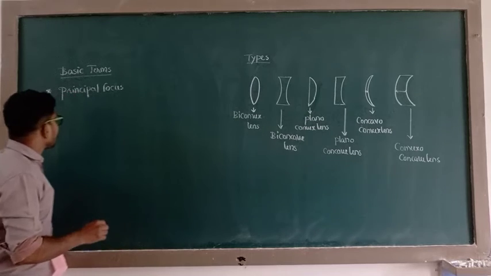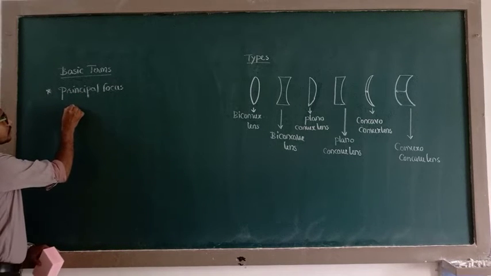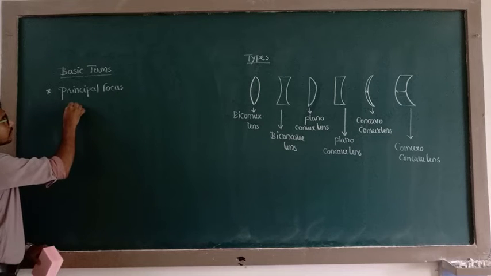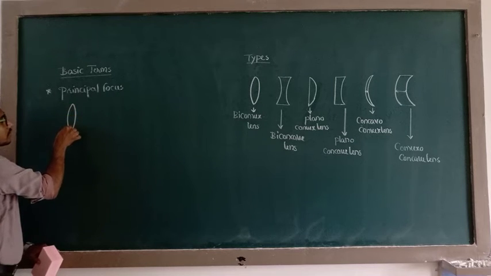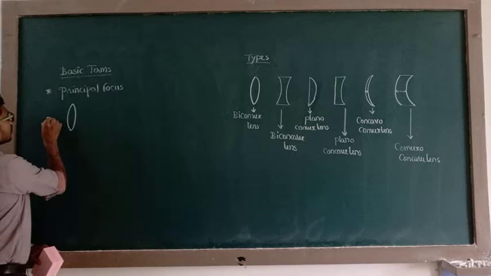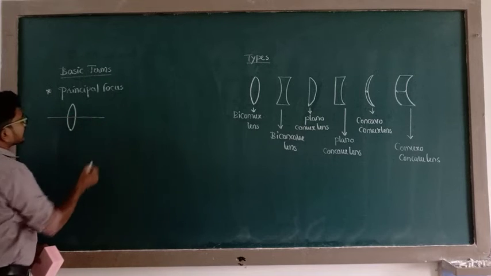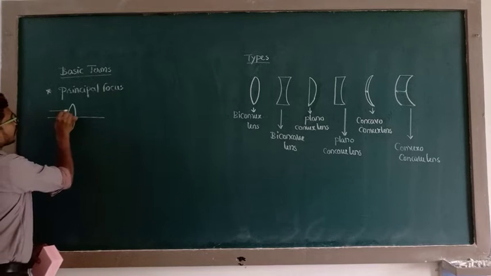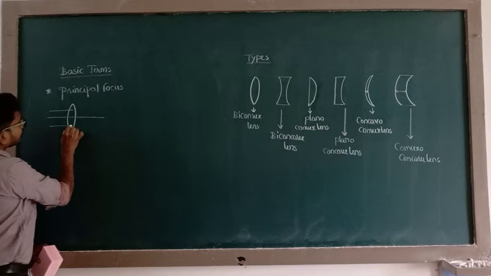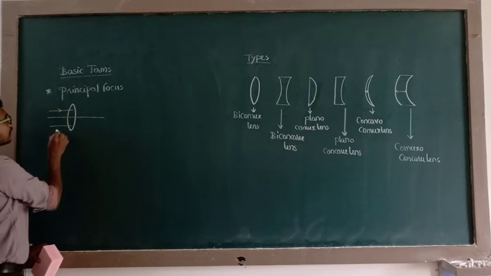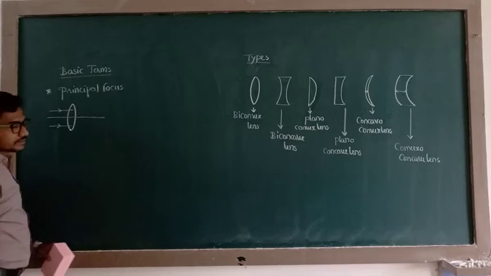So in case of convex, light rays parallel to the principal axis, direction of incident light rays.